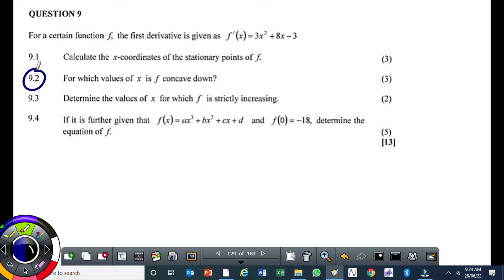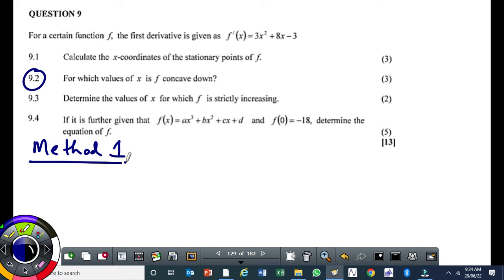Let's start with method 1. If the cubic function is concave down, the second derivative must be negative.